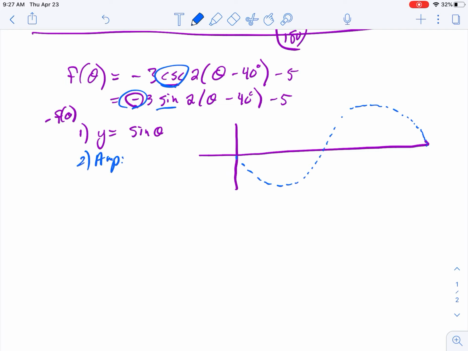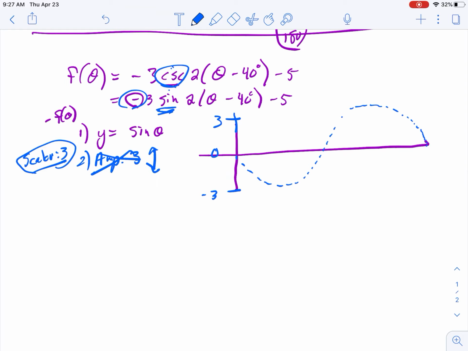Okay. Now, second thing, my amp for sine is 3, but since we're doing cosecant, we're just going to refer to this as a scalar of 3. So what I have here is 3, negative 3, and 0.